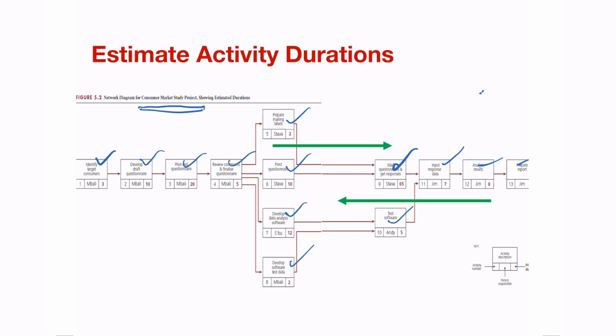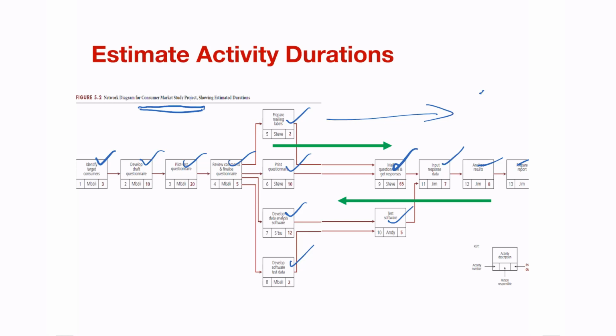What we will be doing is I'll take you through what we call a forward pass, through the project from the left to the right. And I also will come back through the project, which is called a backward pass.